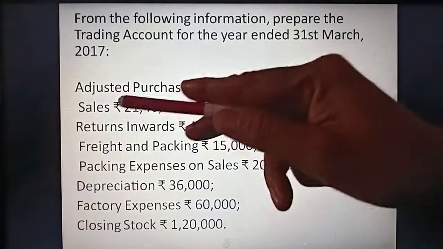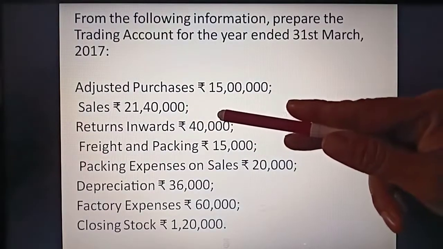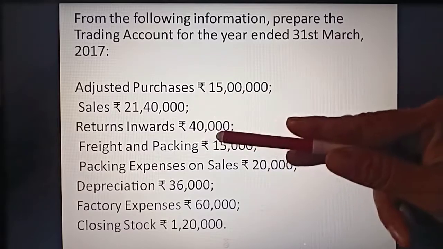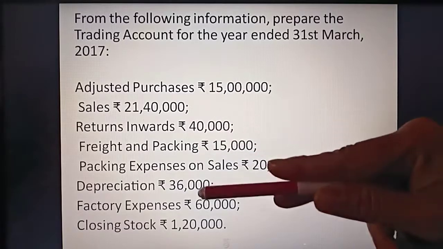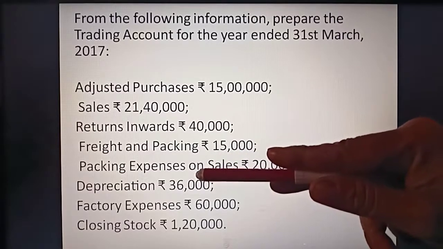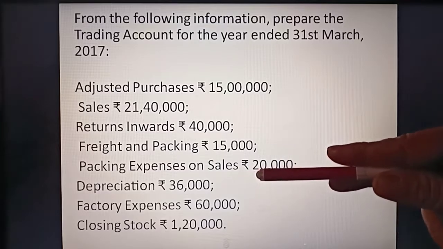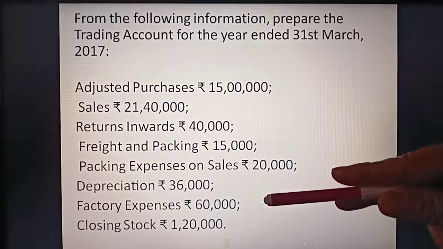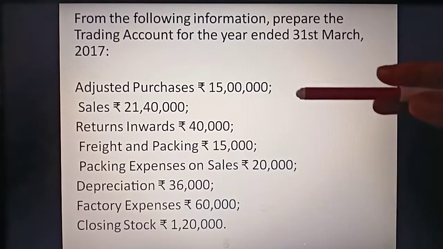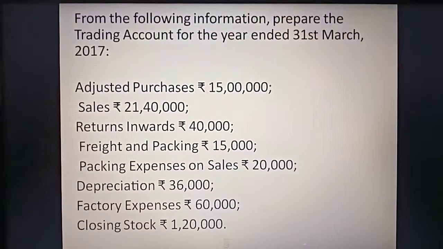First is adjusted purchase 15 lakh, sales rupees 21 lakh 40,000, sales return inward 40,000, freight and packaging 15,000, packing expenses on sale 20,000, depreciation 36,000, factory expenses 60,000, closing stock 1,20,000. On the basis of this information, you have to prepare the trading account.